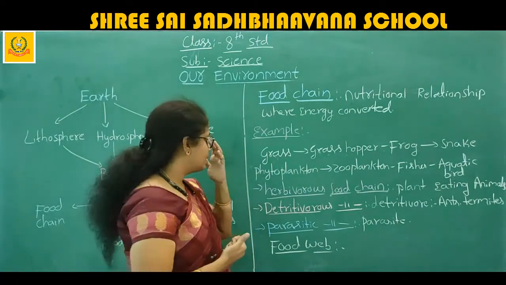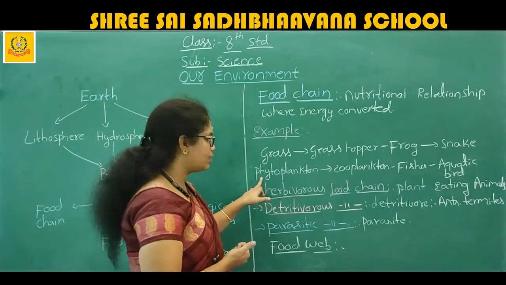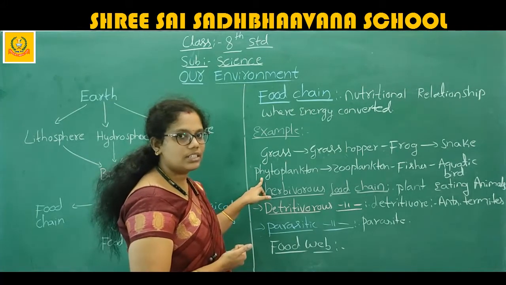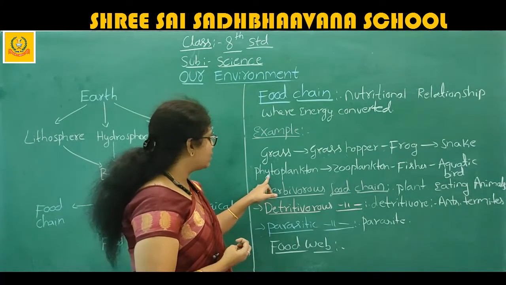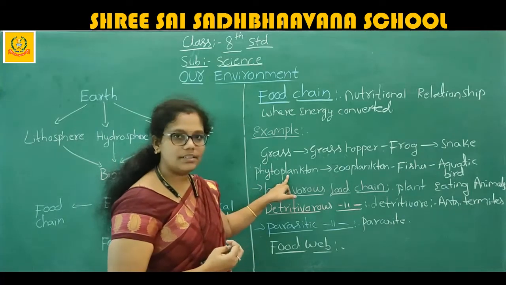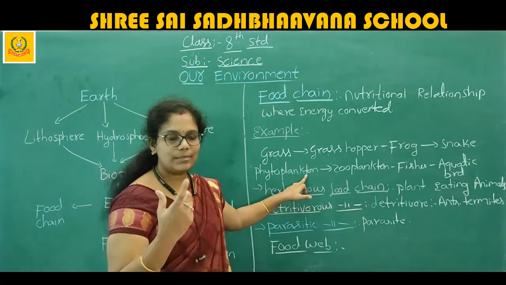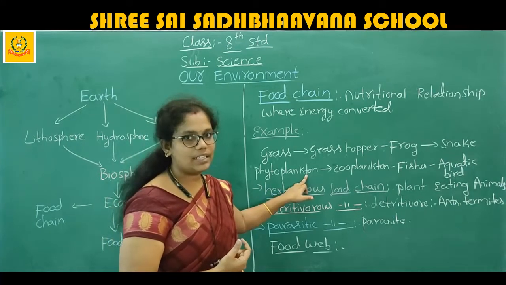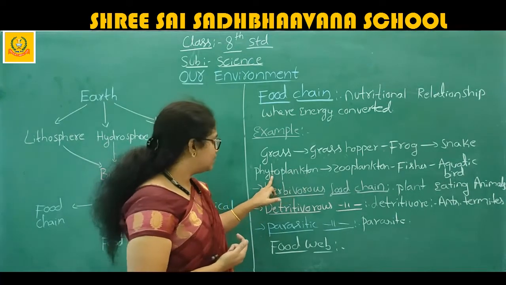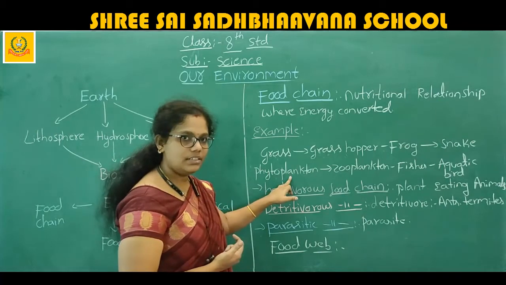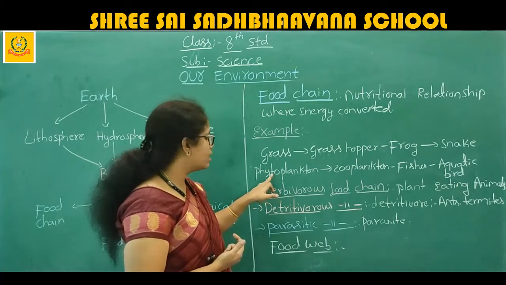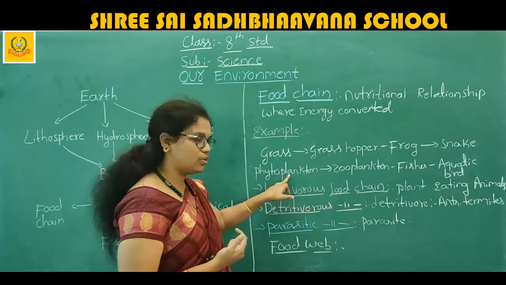If you see another food chain, this is the aquatic food chain. In this, the phytoplankton is one type of plant present in the aquatic system. This phytoplankton is the producer.